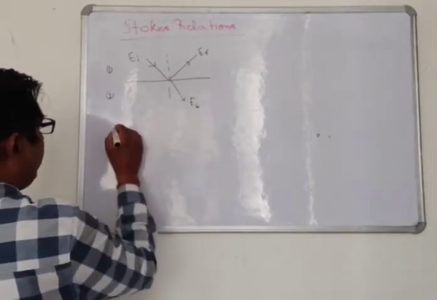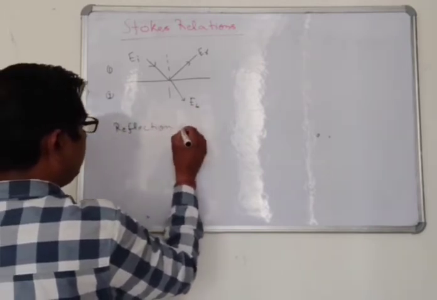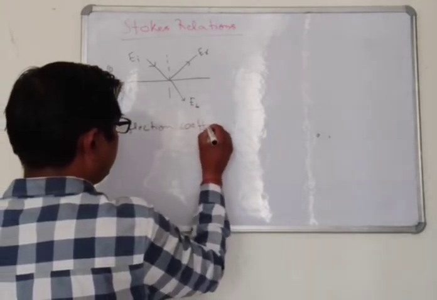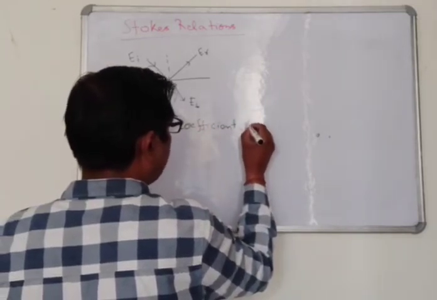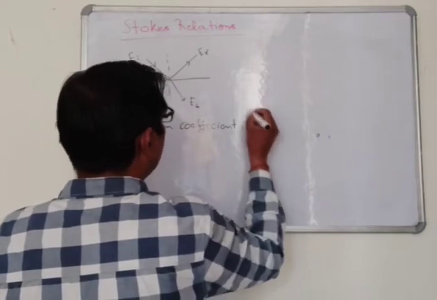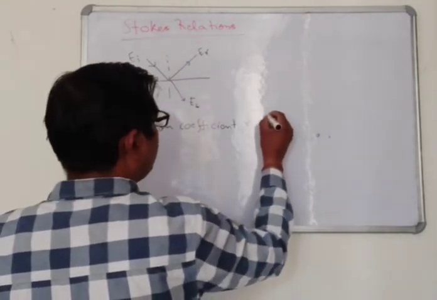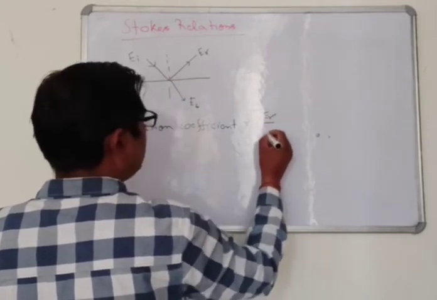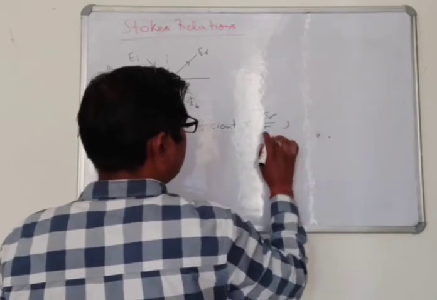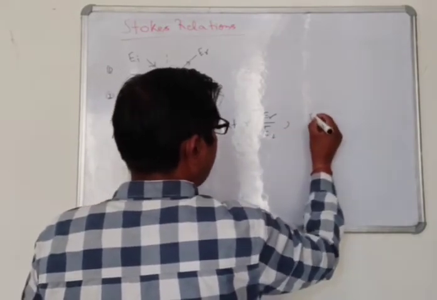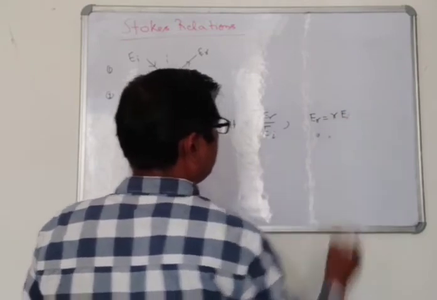Now the reflection coefficient, small r, is equal to the energy of reflected light divided by the incident light. You can write ER equal to small r EI.